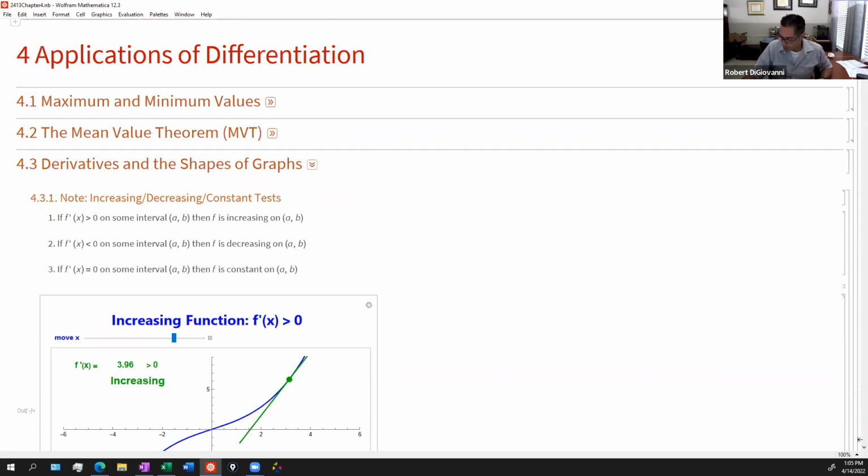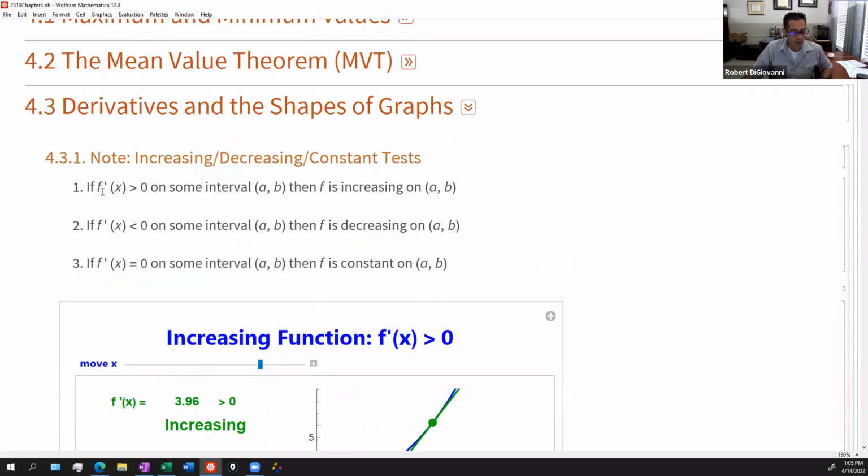Let me make this a little bigger. It says here, if the derivative of your function is positive, greater than 0, on some interval AB, so within some region, then your conclusion is that the function has to be increasing on that interval. On the other hand, if our derivative is negative on some interval, then our function must be decreasing there.